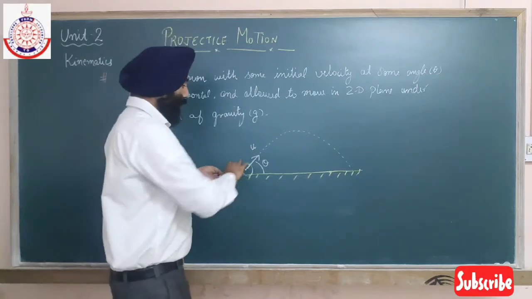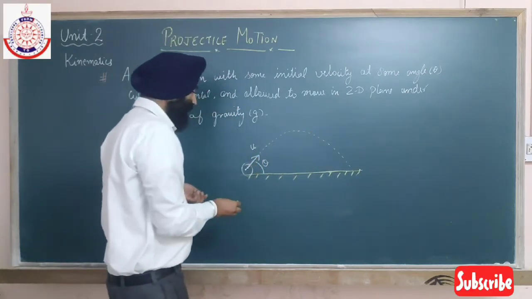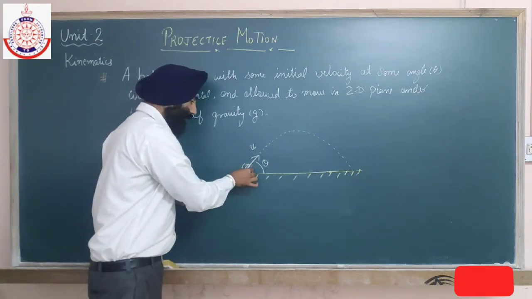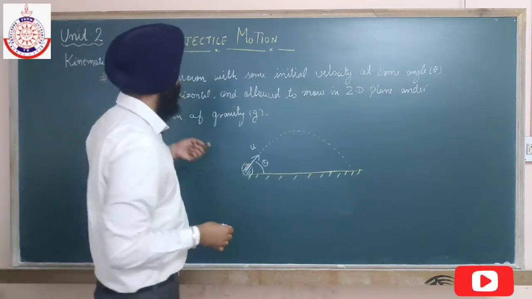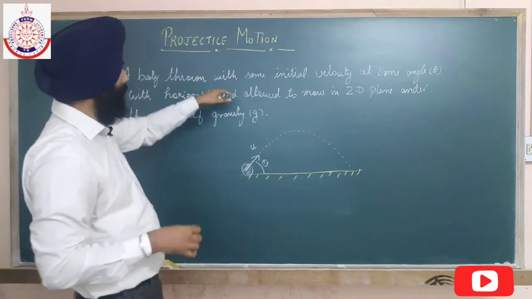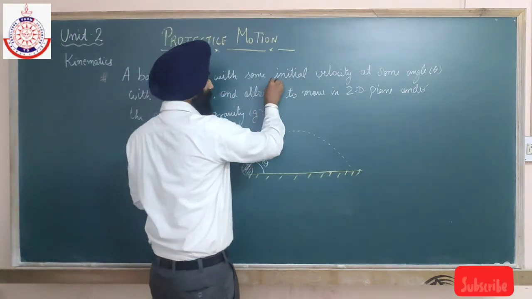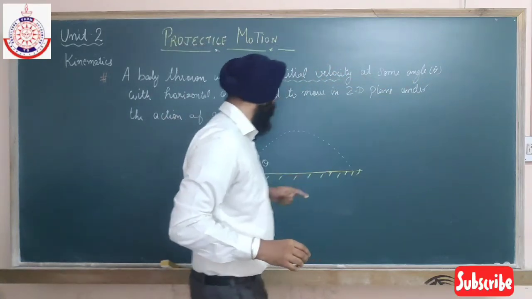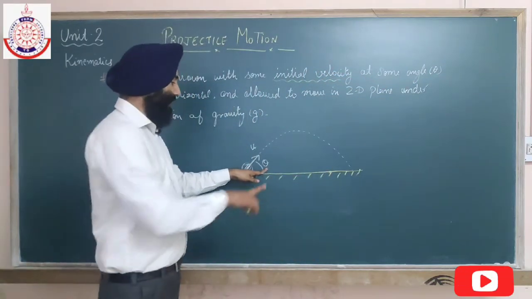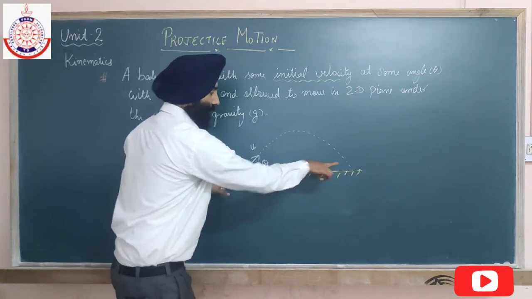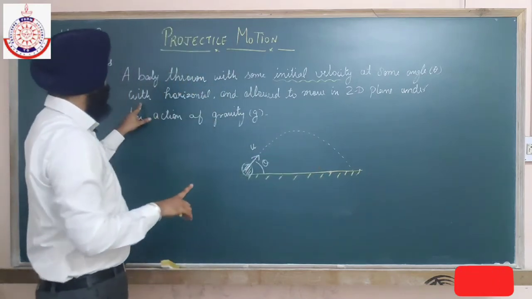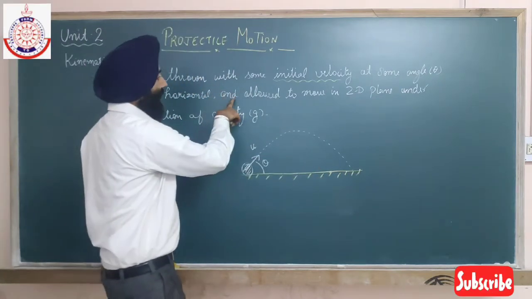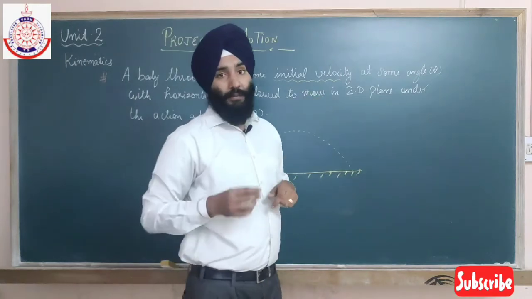So the motion of this body or object is projectile motion. How? A body thrown with some initial velocity at some angle theta from the horizontal, from the ground, and allowed to move in a two-dimensional plane.